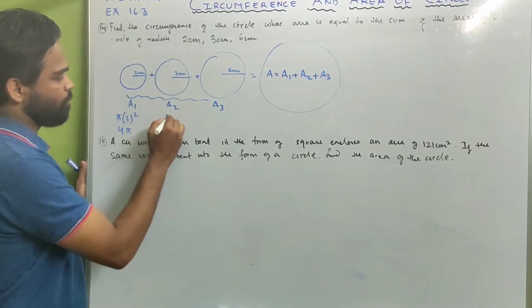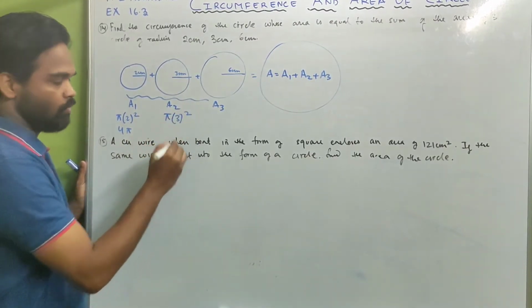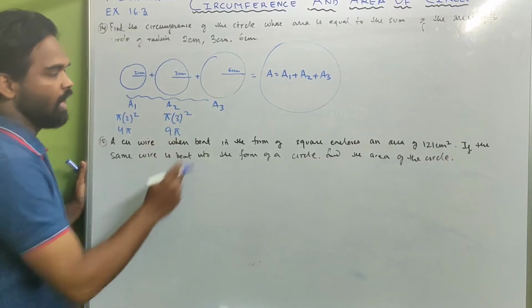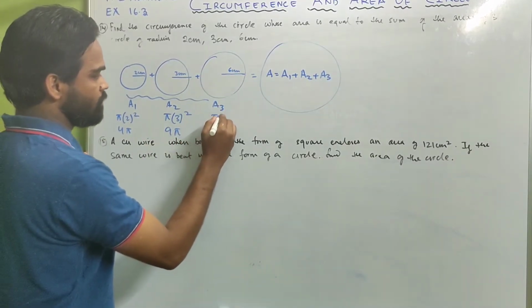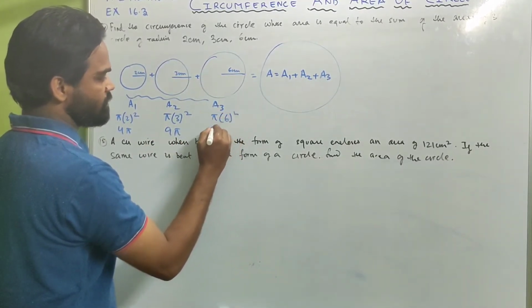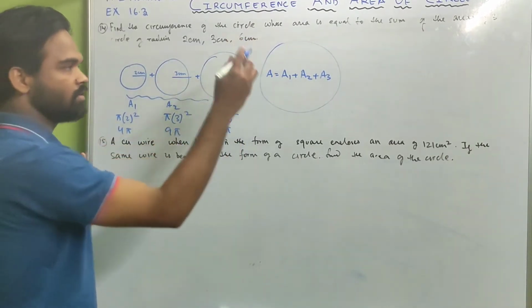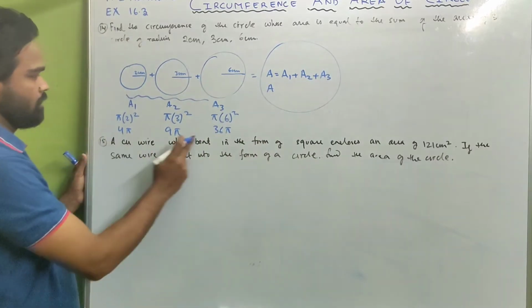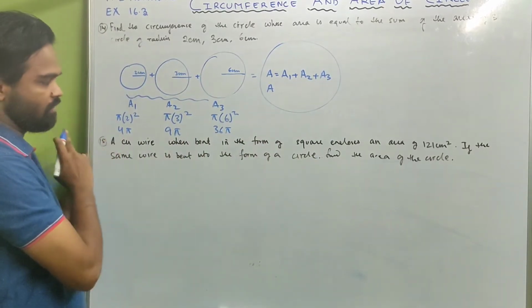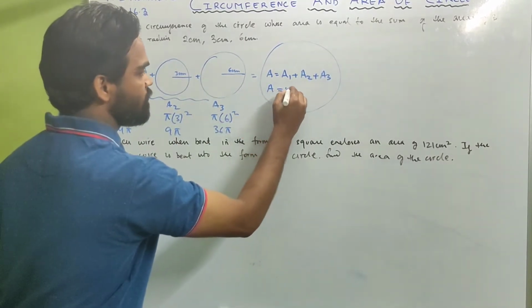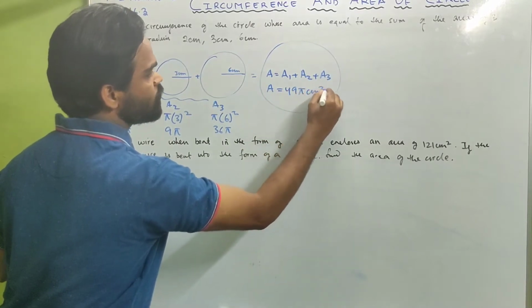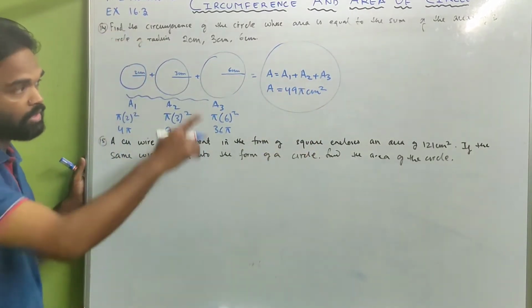Area of the second circle is pi 3 square, which is 9 pi. And area of the third circle is pi r square, that's 6 square, that's 36 pi, isn't it? So area of the resulting circle will be 36 plus 4, that's 40 plus 9, that's 49 pi centimeter square. Done.